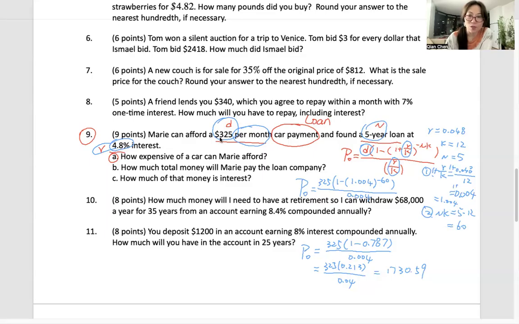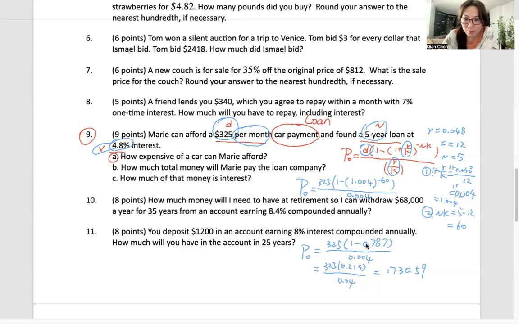So for 60 times, I'm paying 325. So this is not the right amount, right? I've made a mistake somewhere.